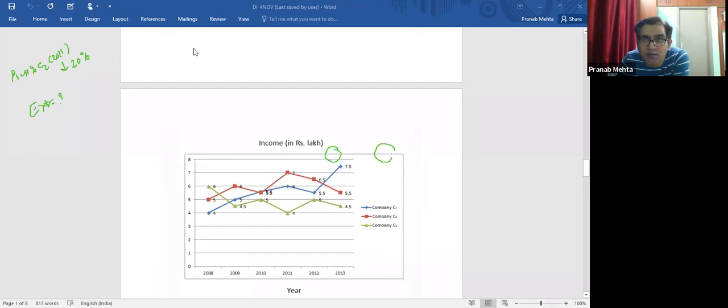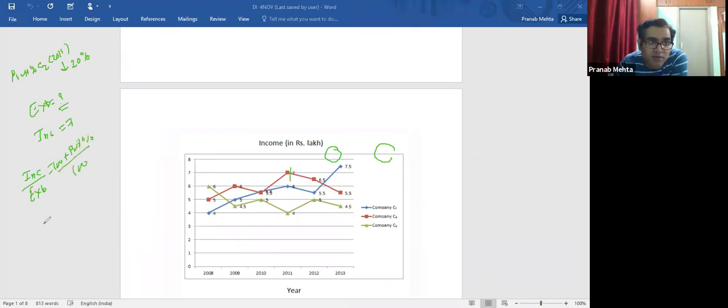Remember, we are getting this data from here. C2 is this one, 2011, so we are talking about this value, 7. So income is 7 lakhs. They want us to find out expenditure, so we will use the formula we already derived: income by expenditure is nothing but 100 plus profit percent by 100.